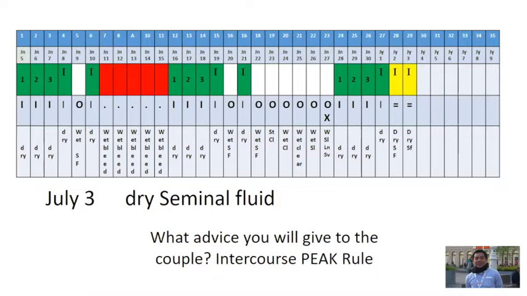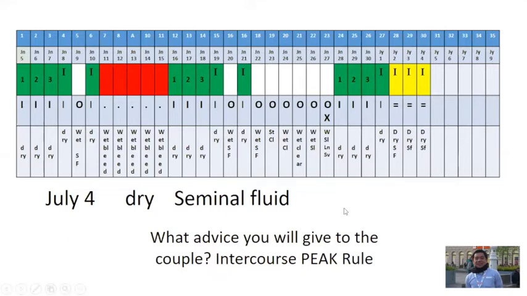If there is intercourse on July 3, seminal fluid will be available on July 4, but the sensation is dry. If the sensation is dry and you see a visible discharge like the seminal fluid, you don't use color green or vertical line. You use color yellow. Color yellow means dry but with a discharge.